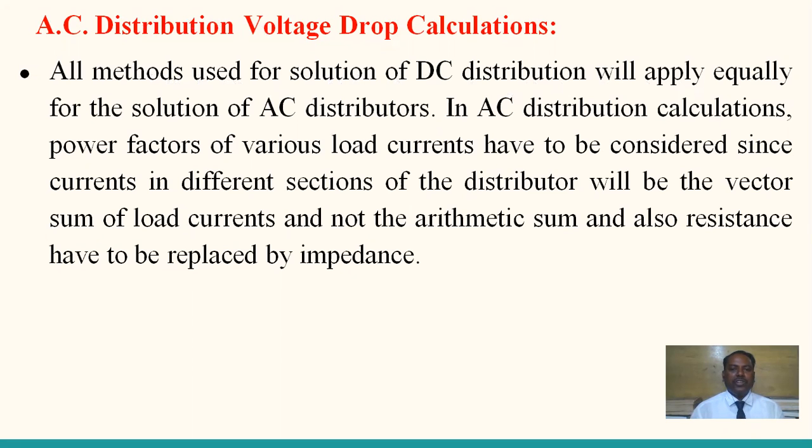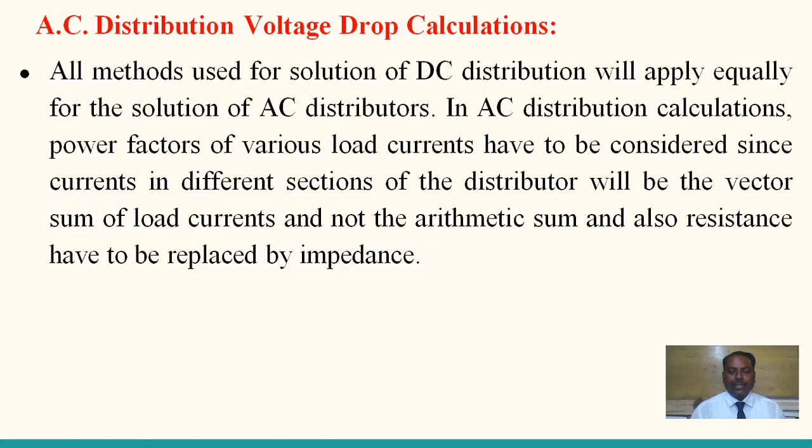In AC distribution calculations, power factors of various load currents have to be considered, since currents in different sections of the distributor will be the vector sum of load currents and not the arithmetic sum, and also resistance has to be replaced by impedance. So there are a few differences between DC distributors and AC distributors.